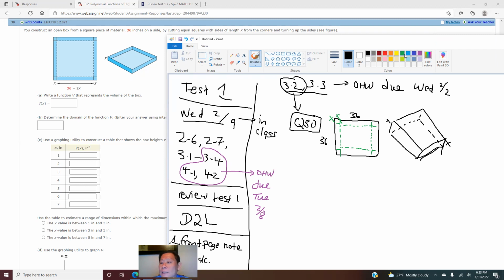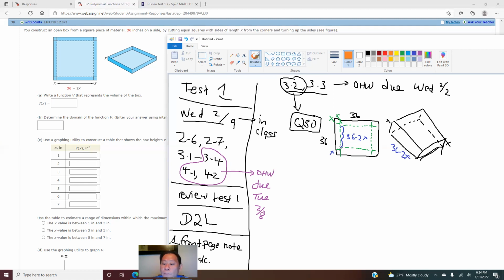Since you cut out from both sides, the length that you are left with is going to be 36 minus 2X, because the whole thing is 36 and you cut 2X out, the two squares of X. So the length of this is also 36 minus 2X, because when you fold it, it becomes the length here.